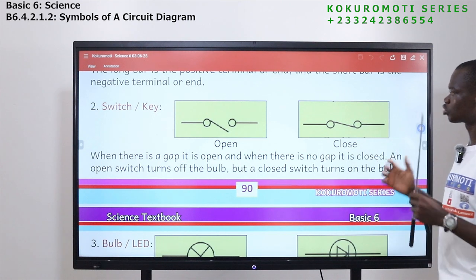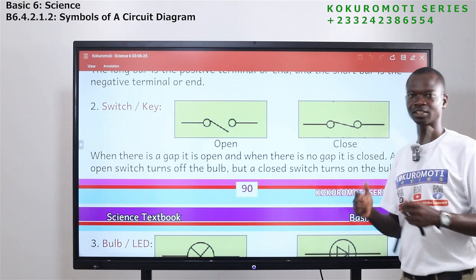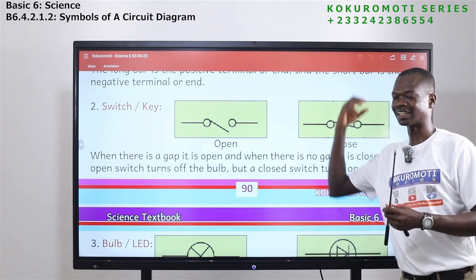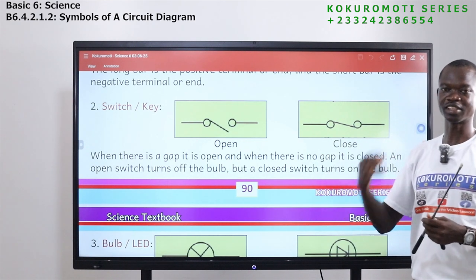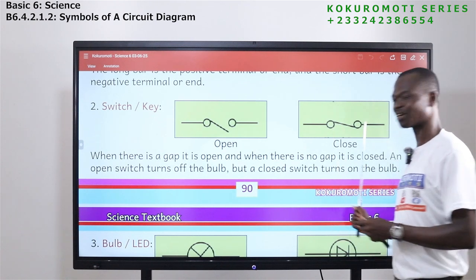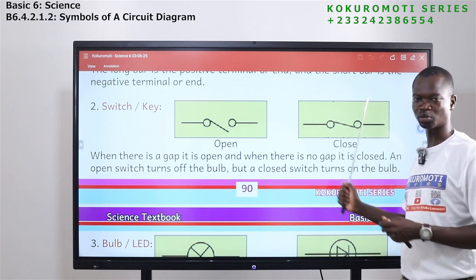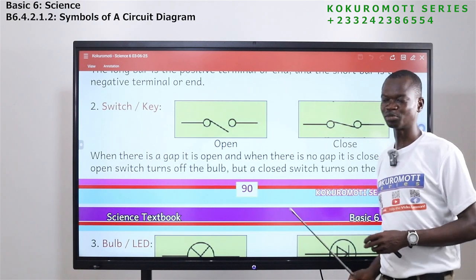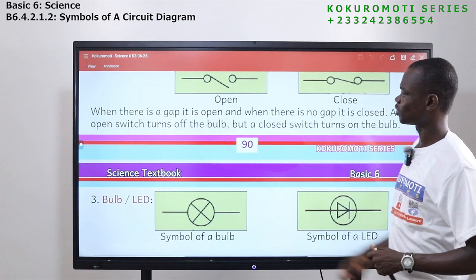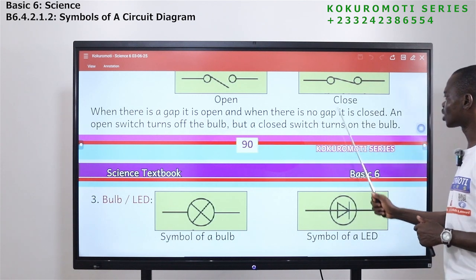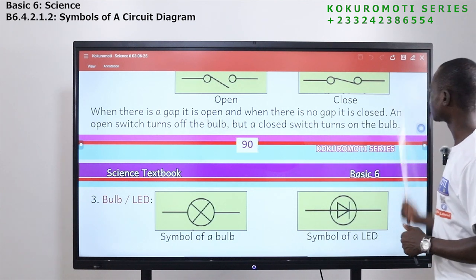So if I ask you to draw a circuit diagram and show that the bulb is producing light, I expect that you draw the switch closed, because if the switch is not closed, there is no way the bulb will produce light. So let's read what we have here. When there is a gap, it is open, and when there is no gap, it is closed.